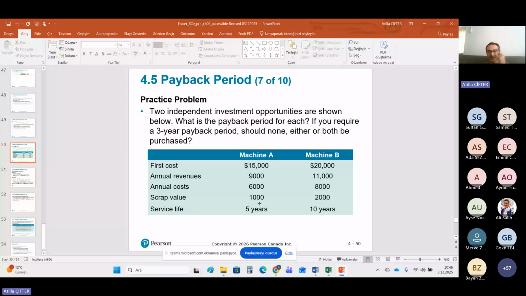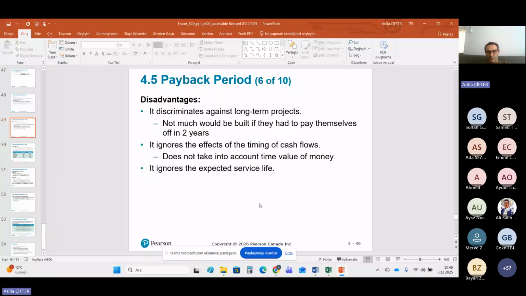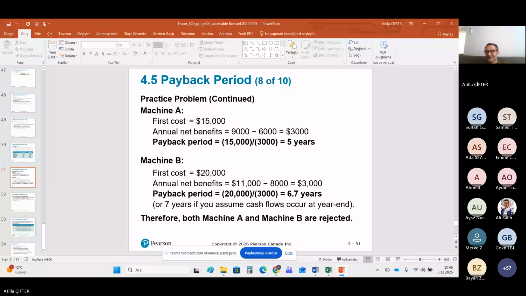For the standard payback period, we should ignore it due to this problem, because the scrap value might be inside the payback period or not. It's unknown. For machine A, as you can see, at 5 years it's inside the payback period. But for machine B, as you can see, it's outside the payback period.